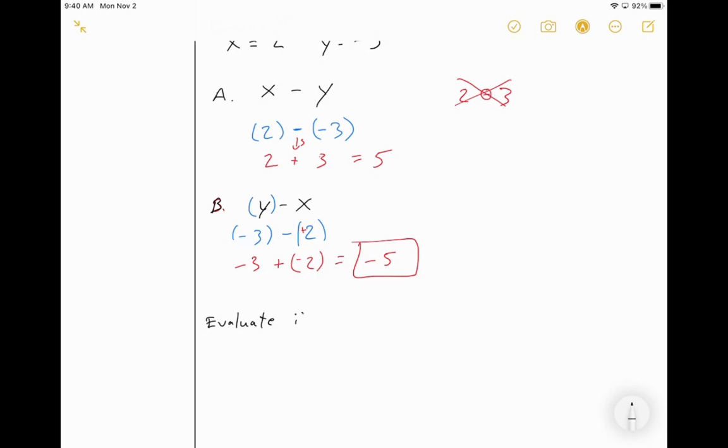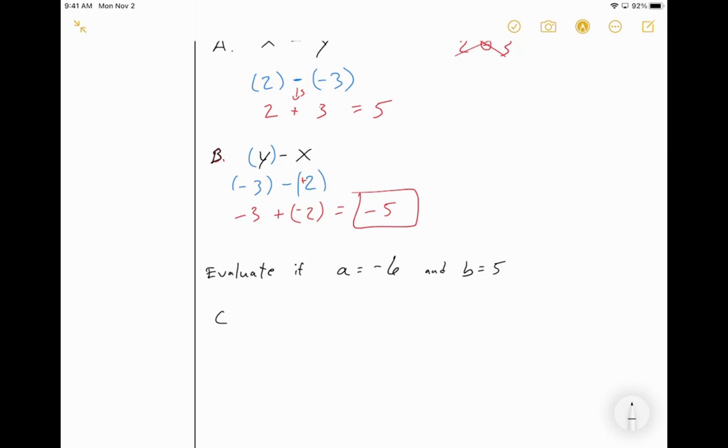Evaluate if a equals, let's say, -6 and b is equal to +5. And let's see. So I'm going to give you guys a few problems here. Okay. Let's do a minus b.